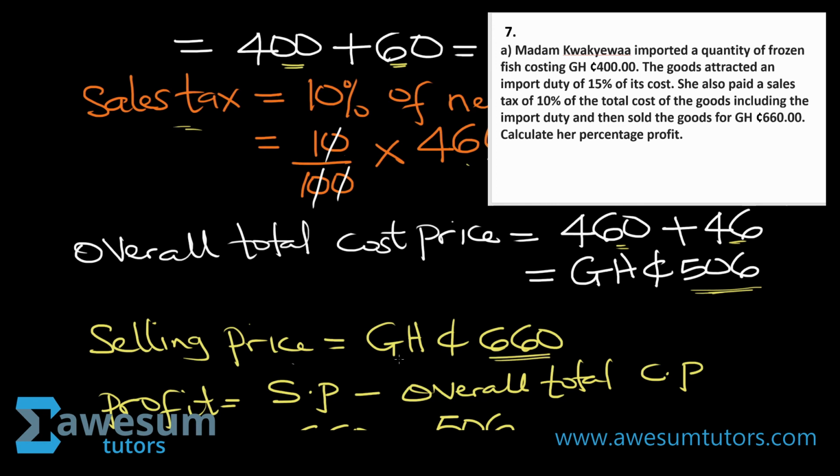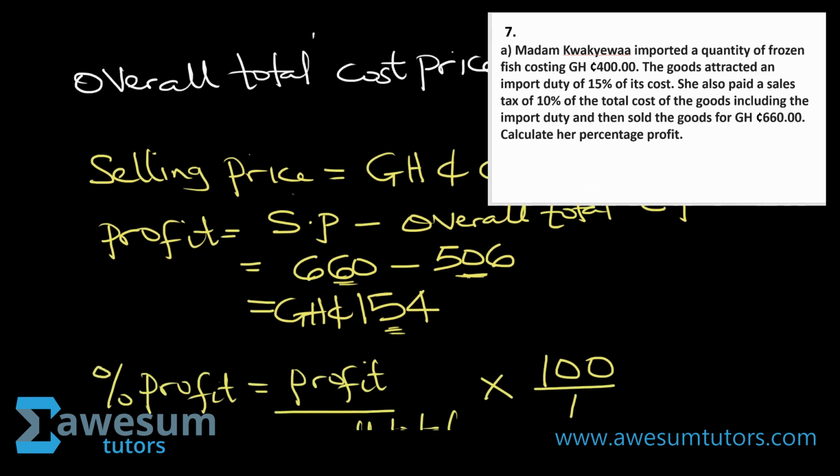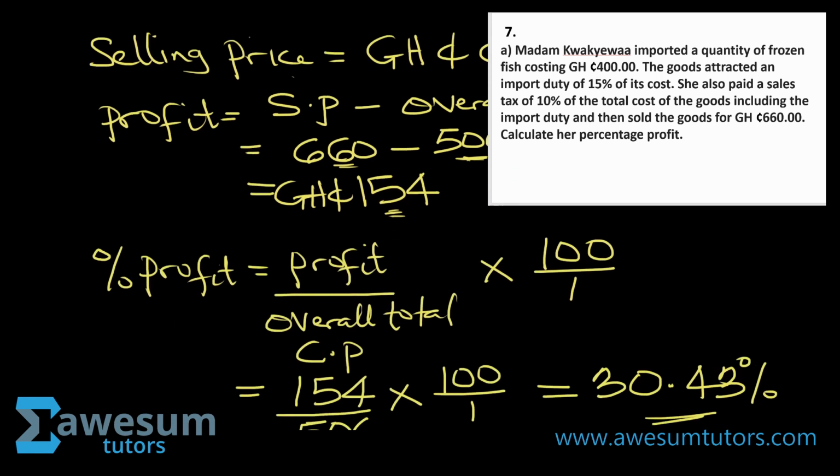But our selling price, we are told, is 660, right? So if our selling price is 660, what is our profit? That's going to be 660 minus 506, which gave us 154 Ghana cedis. Can you see that right there? That is our profit.